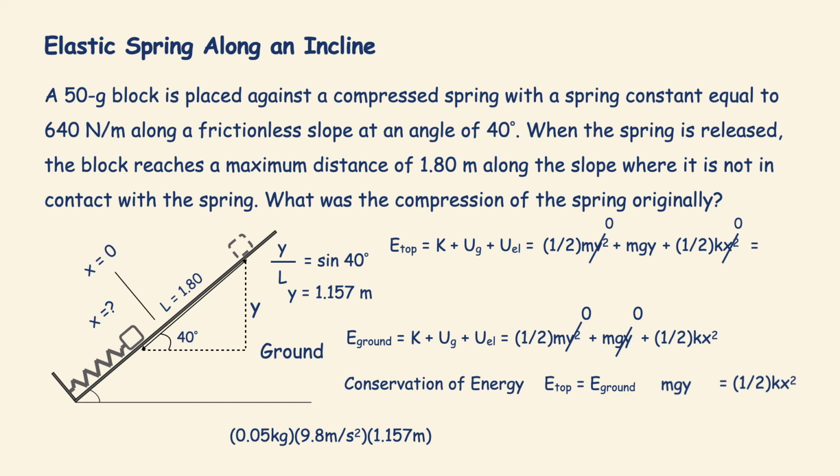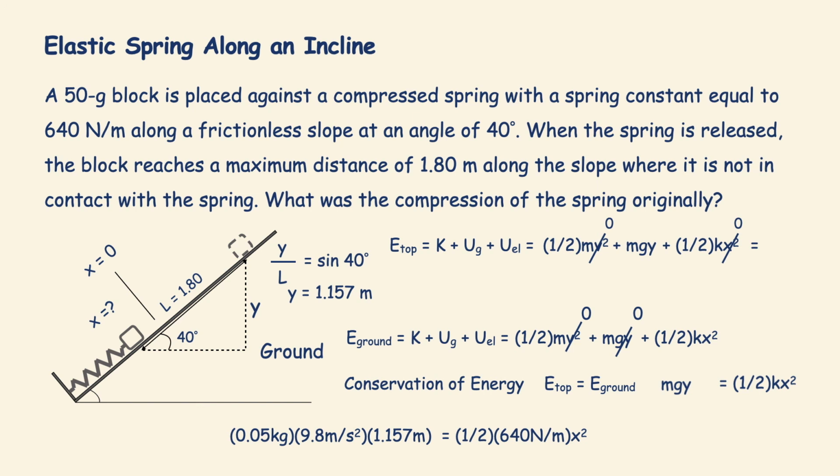With the numerical values given in the problem, I will have now the mass switched into kilograms, 0.05 kilograms, multiplied by g, 9.8 meters per second squared, and 1.157, the vertical elevation above my ground that I calculated. That has to be equal to the elastic potential energy at the lowest level, which is 1/2 k, which is 640 newtons per meter, x squared.